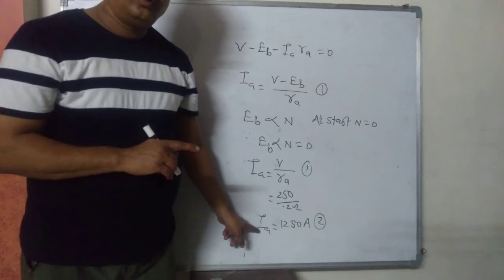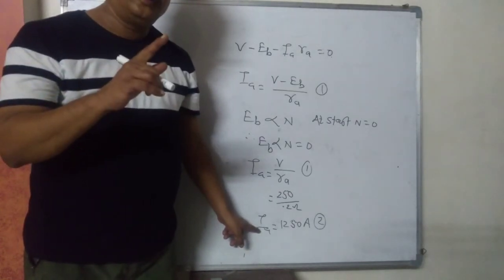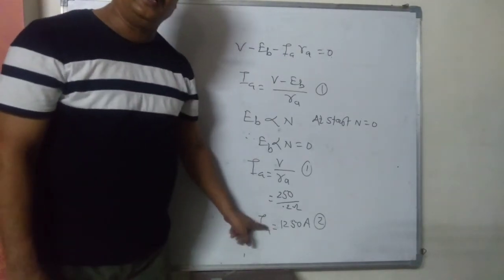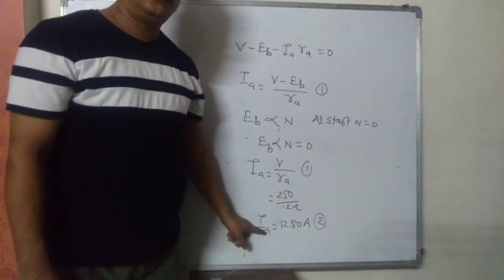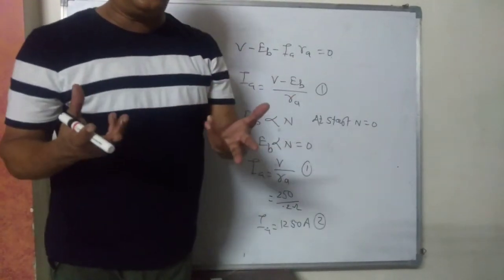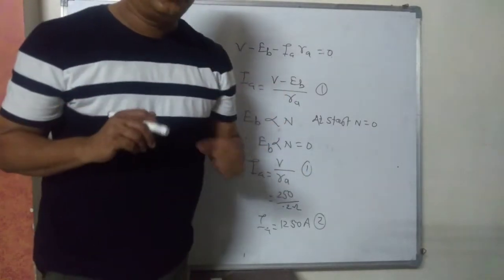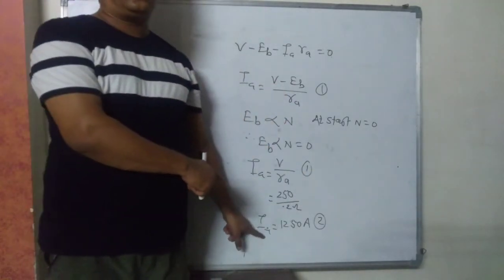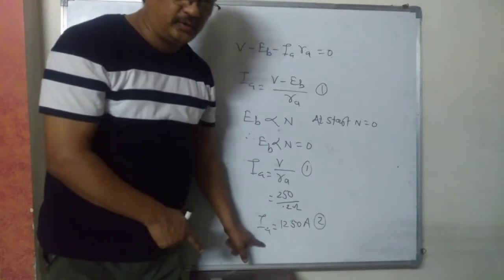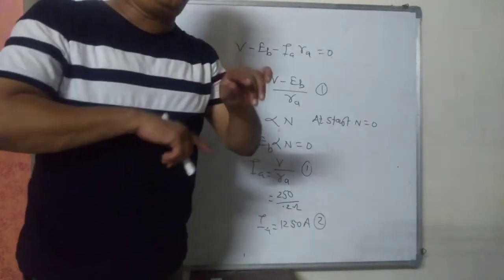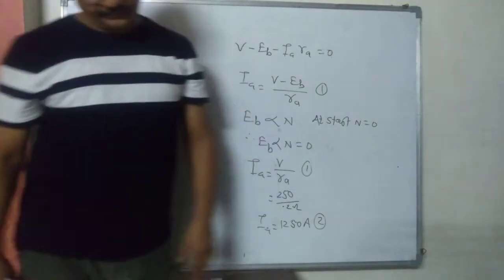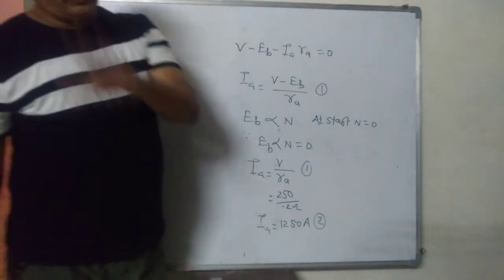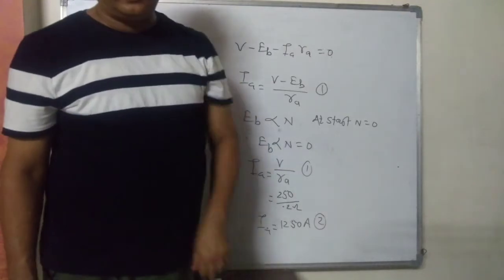So it is necessary to restrict this current initially, and to control the current, you have to use resistance. To restrict this current to a safe value, a resistive arrangement is used, and that resistive arrangement is the starter.